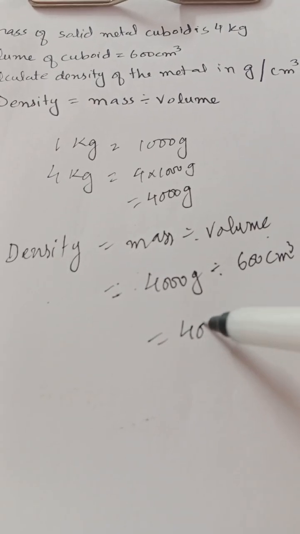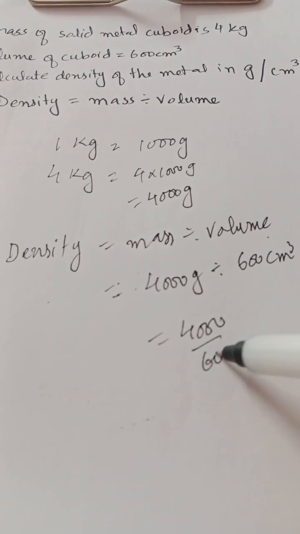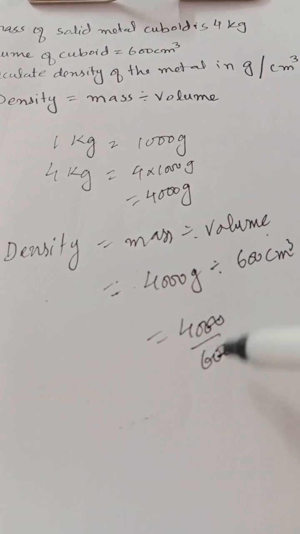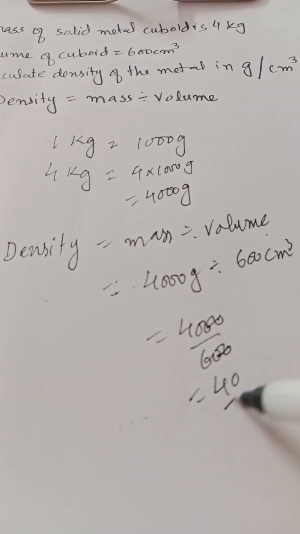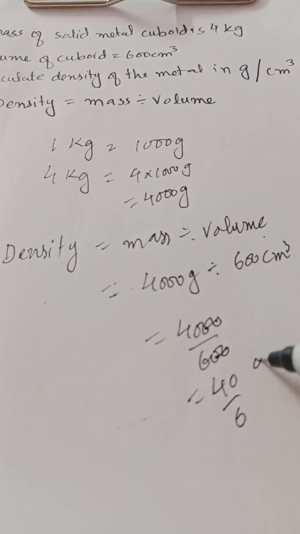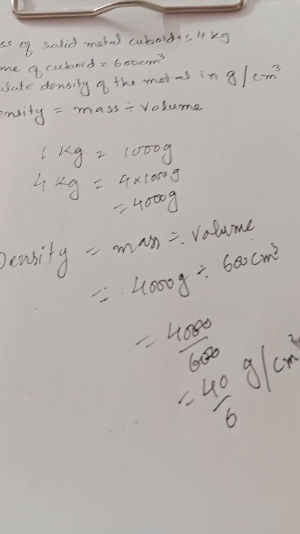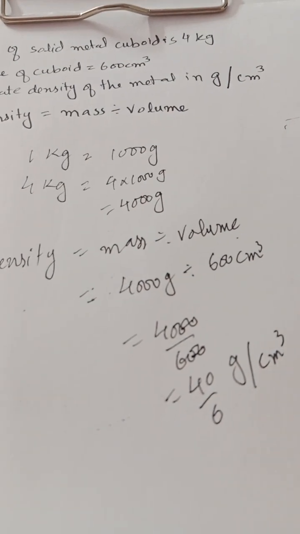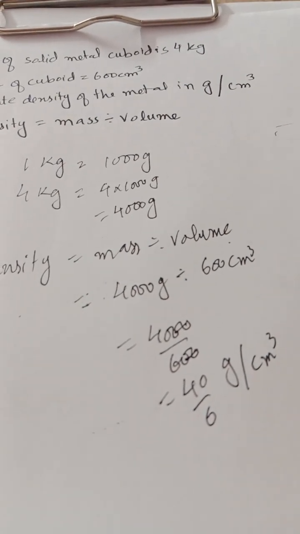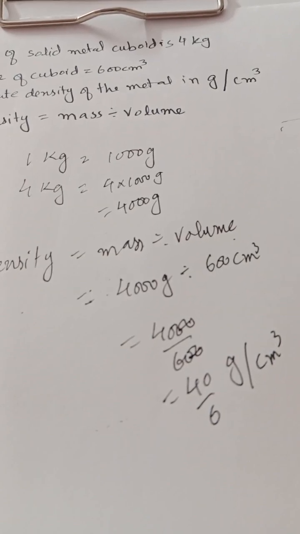Now divide 4000 by 600, cancel out zeros. Left is 40 by 6 gram per centimeter cube. Now we can convert 40 by 6 into fraction form.